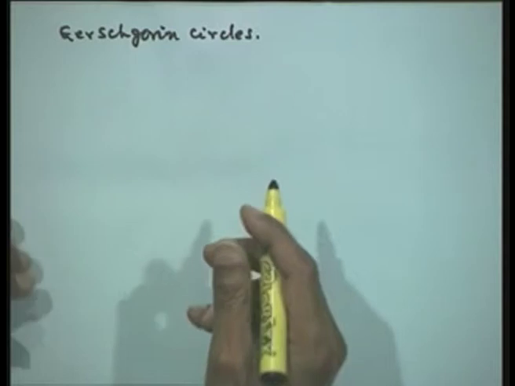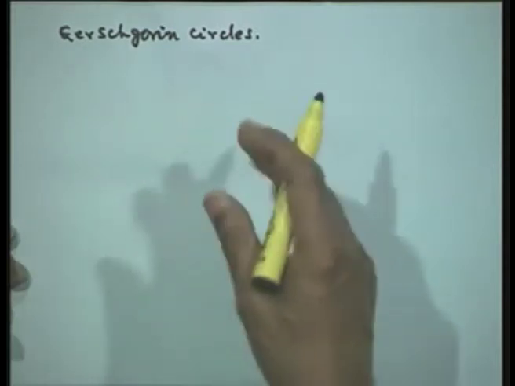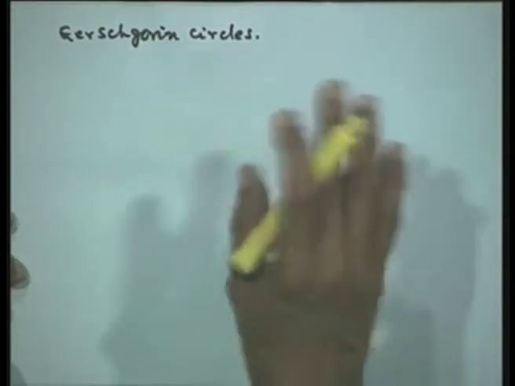That means we are talking of the intersection of circles in the complex plane. You have got x as the real part and y as the imaginary part. So we go to the complex plane, and in the complex plane we can draw these circles, and from the circles we will find out the bounds for the complex eigenvalues also.